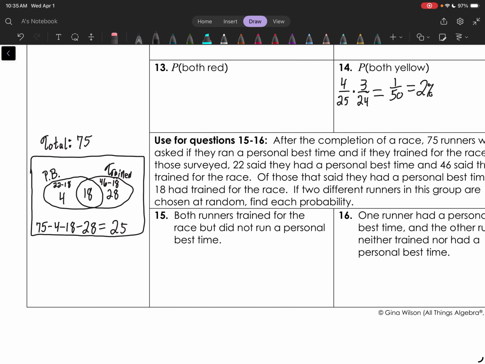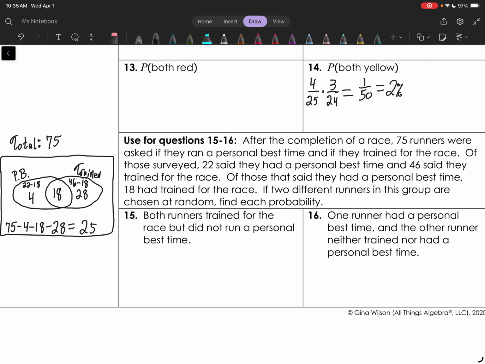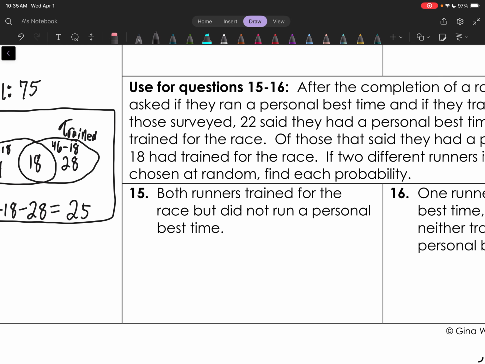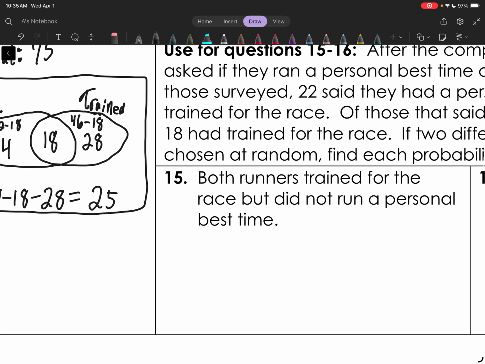Okay, now let's look at the problems. Both runners trained for the race, but did not run a personal best time. So the probability of people that finished in the race. They trained 28 out of my total 75.